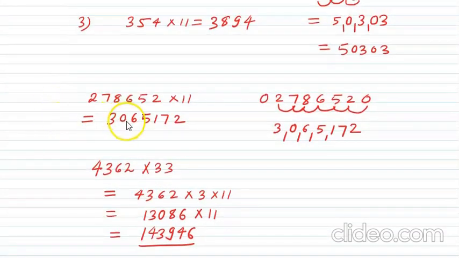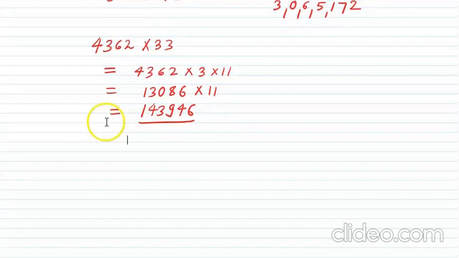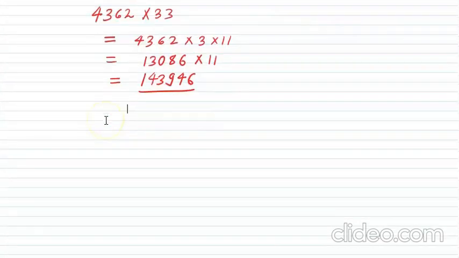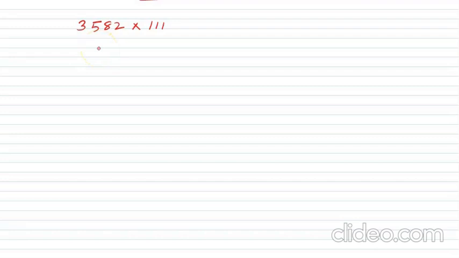So this is how you can multiply this number by 33. Now this idea can be extended to even multiply numbers by a sequence of 1s. Suppose for example I take 3, 5, 8, 2, and I want to multiply this by 1, 1, 1. So to multiply this by 111, what is the extension of the idea?